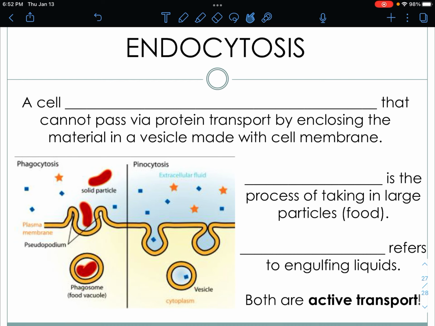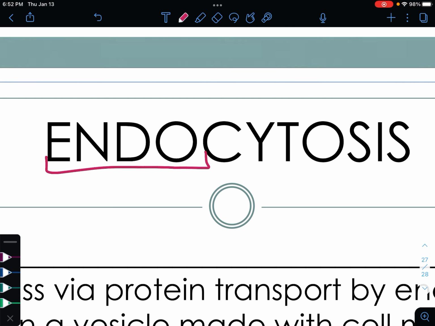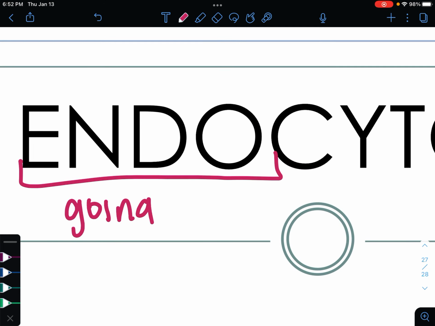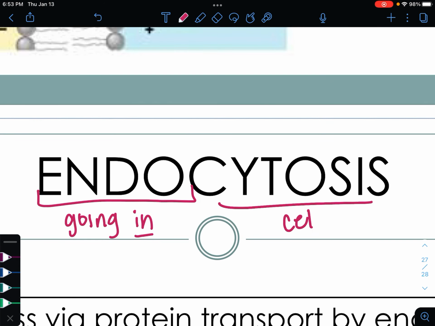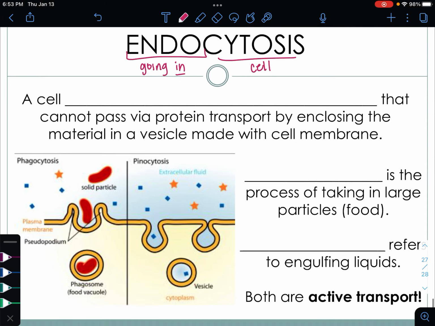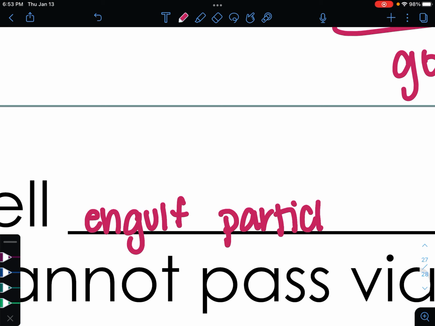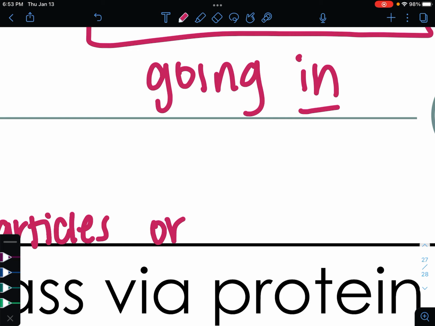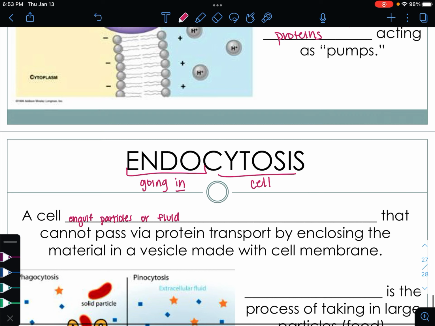All right, so endocytosis. If we take a look at this word, we can break it up into two parts. Endo, going in or inside, and then cytosis, talking about a cell. So when we're talking about endocytosis, a cell is going to engulf particles or fluid that cannot pass via protein transport.